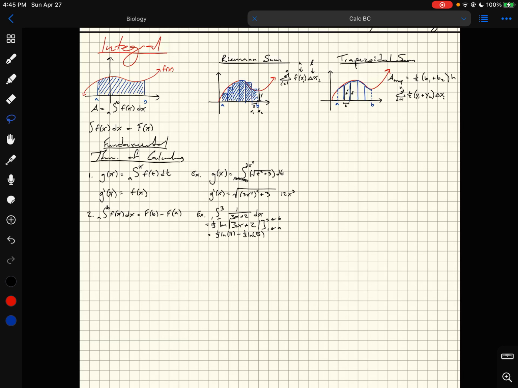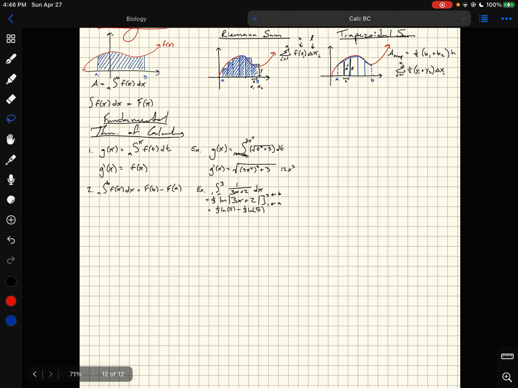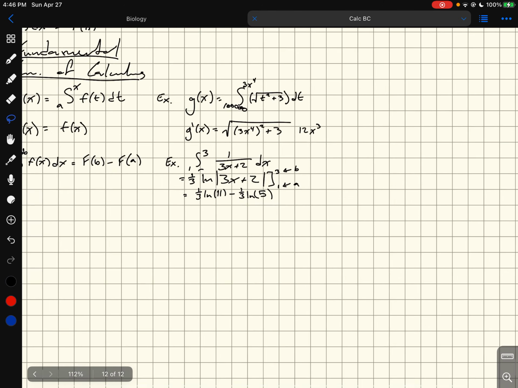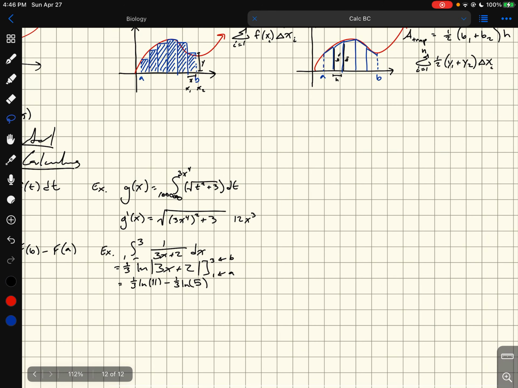So maybe this one's the last one, but we're going to go over some different types of integrals that you should know how to do, basically. So first let's talk about the mean value theorem for integrals.